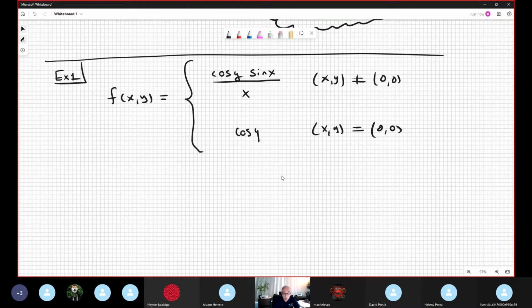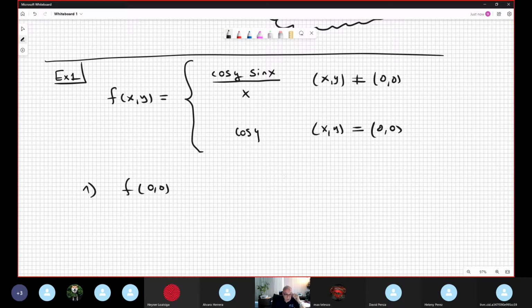Okay, so now remember step 1: determine the function, evaluate at the point 0, 0, which is the critical point. The only point that creates conflict is 0, 0, and x is in the denominator, division by 0.